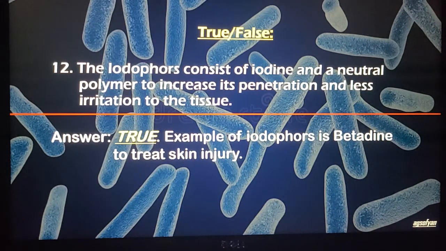So iodophores actually consists of iodine and additional molecules to increase the penetration and also to make it become less irritated to the tissue. So example of iodophores that commonly used is betadine to treat the skin injury.